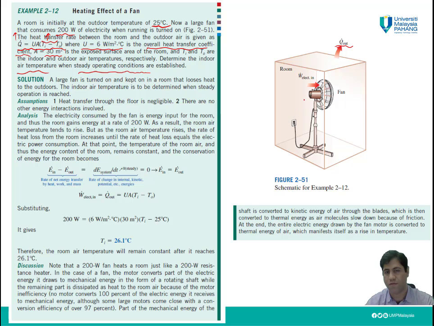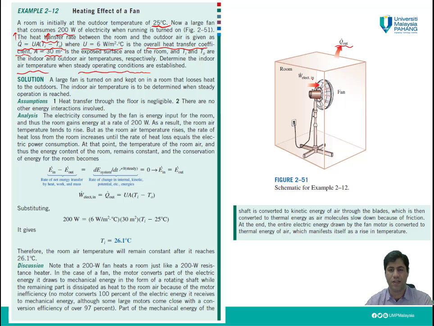So when we put this fan, it increases the temperature. Increase in the temperature inside the room will increase the temperature difference between inside and outside of the system. It means this rate, the Q dot out, will also increase. More energy comes to the system, more energy goes out of the system.